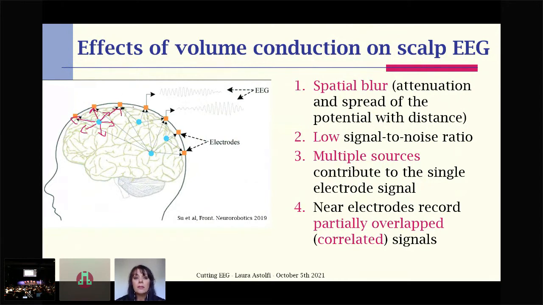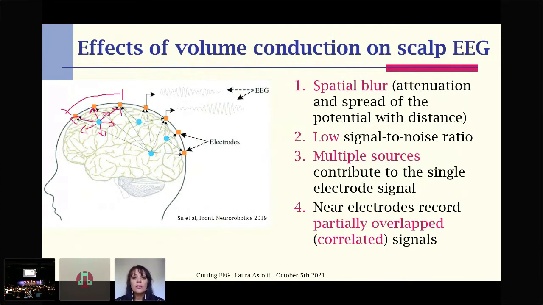But there's a spread of these currents. There's also an attenuation and distortion, because the tissues are, unfortunately, not homogeneous nor isotropic. So there's a spread of the signal, and what we can measure on the scalp is much more spread, much more blurred than the source of the activity.